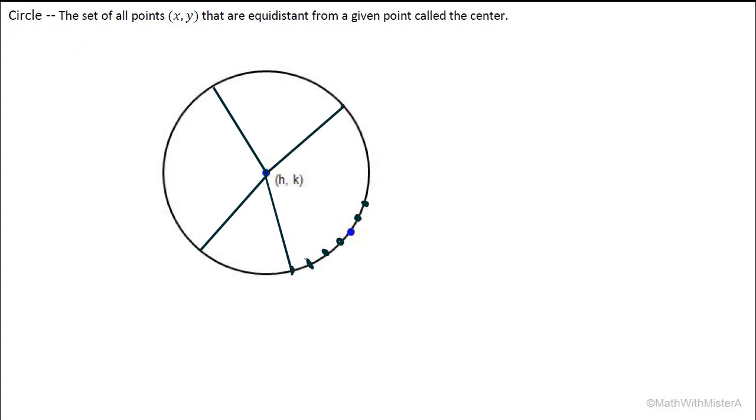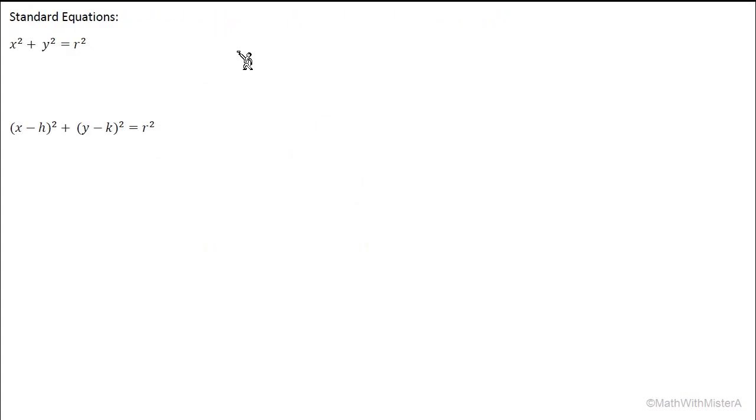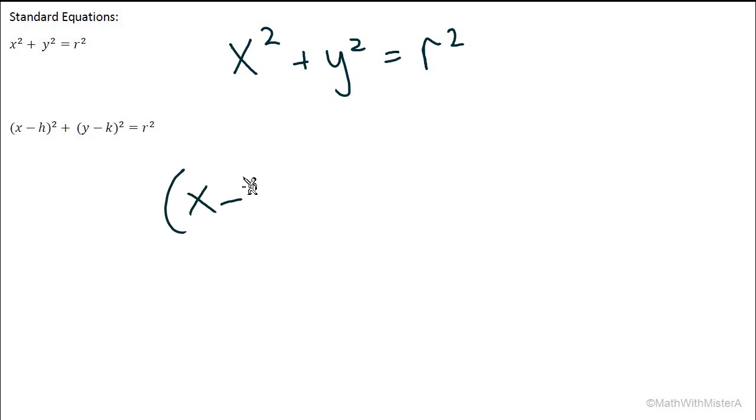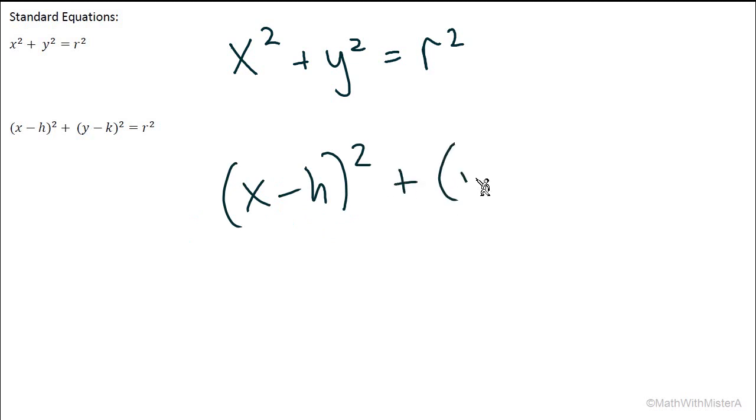Let's look at some equations for circles. These equations should look very familiar to us. x squared plus y squared equals r squared. Very, very basic equation of a circle. And once we need to start accounting for shifting the circle to a new center, (x minus h) squared plus (y minus k) squared equals r squared.